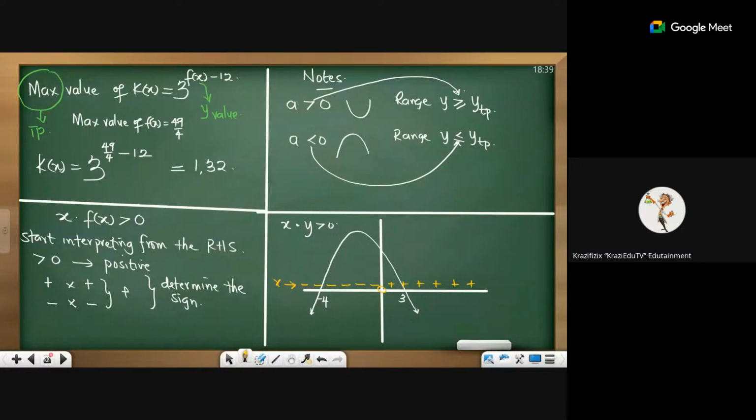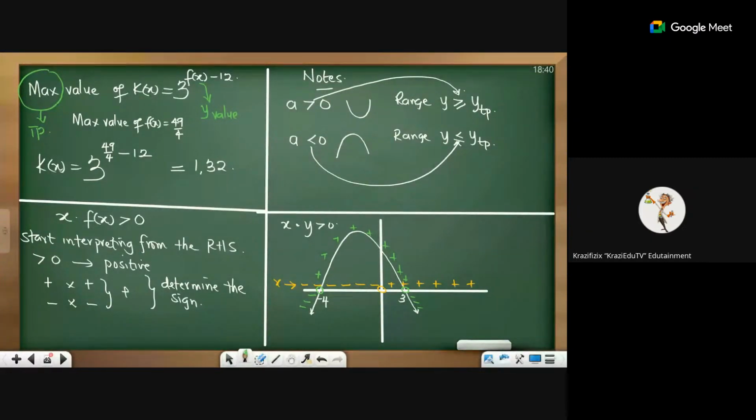F of x means the y value. Let's use a green one. These are negative. On the axis it is 0. It is positive across all this place, then 0 and negative. Please take note, I am dealing with f of x.